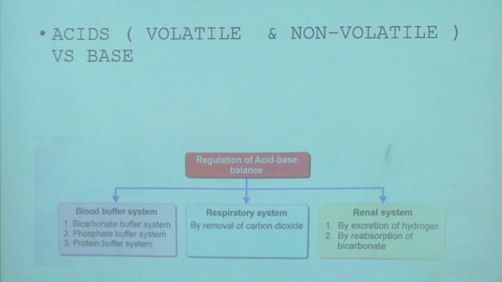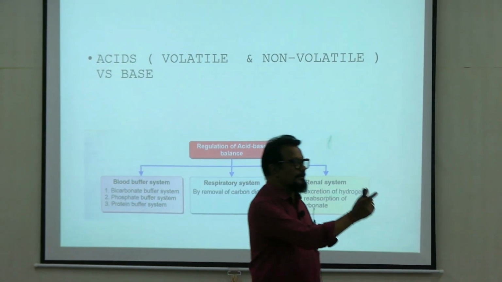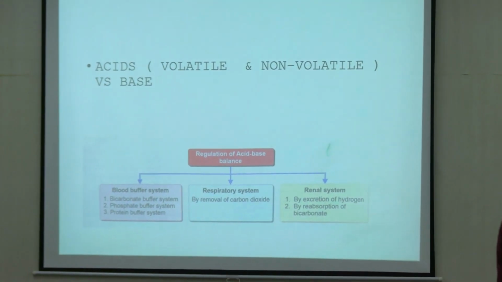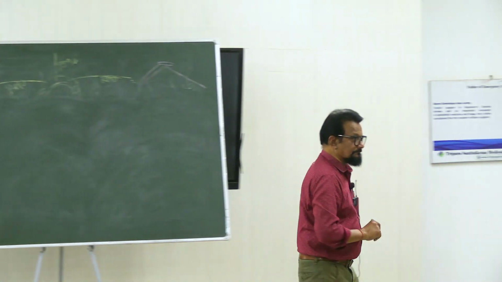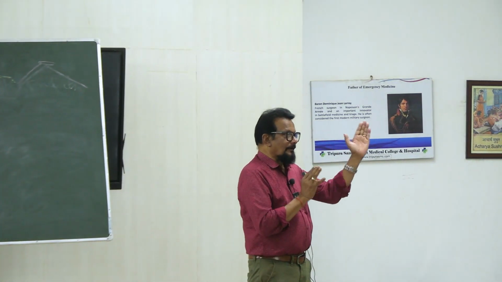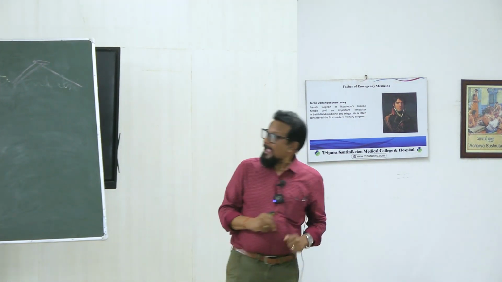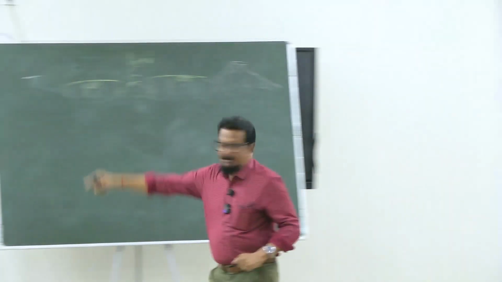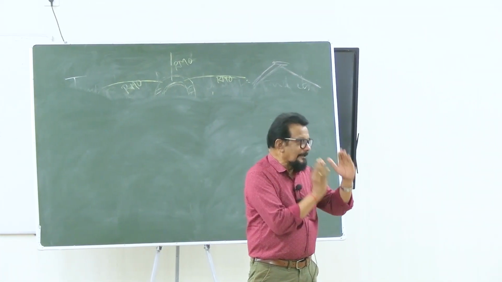One is that blood has a buffer system. Also, the cell has a buffer system to maintain the pH within the cell. The blood's buffer system controls the ups and downs of pH within the normal range. And our respiratory system is there to maintain the blood pH.